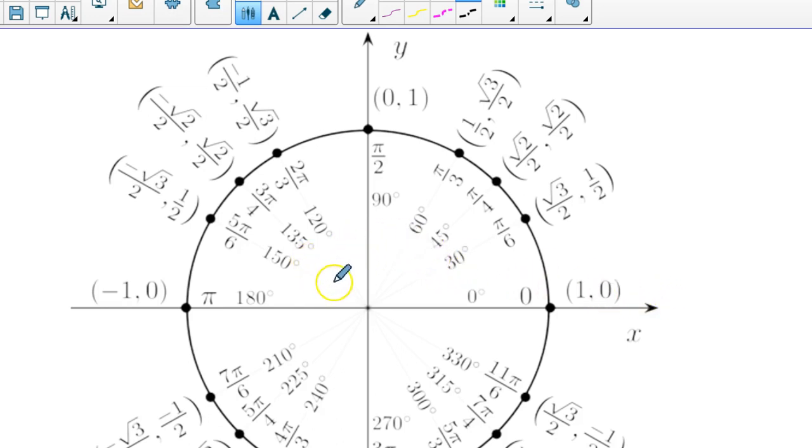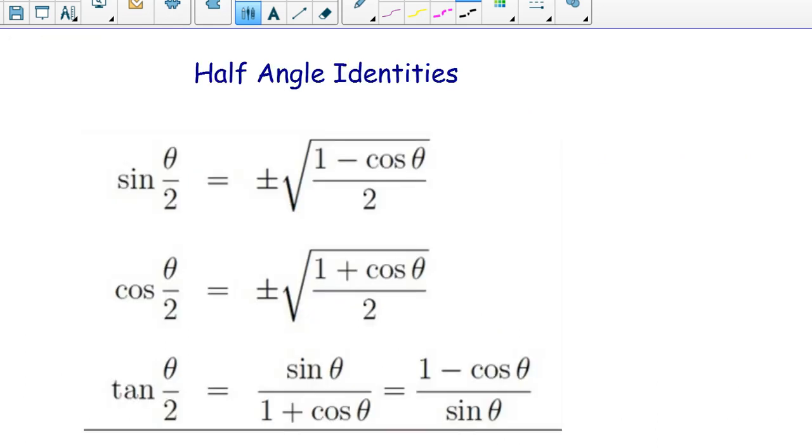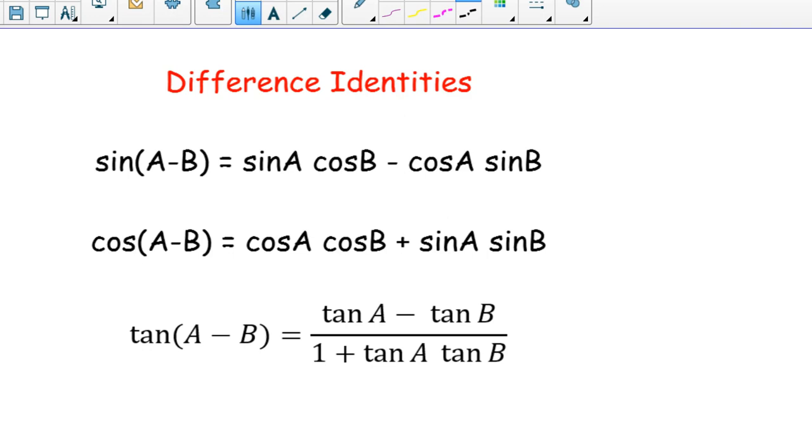Okay, so let me write 60 plus 135. So cosine 195 is equal to cosine 60 degrees plus 135. Okay, now it is of the form of cosine A plus B. My formula, I have it here.